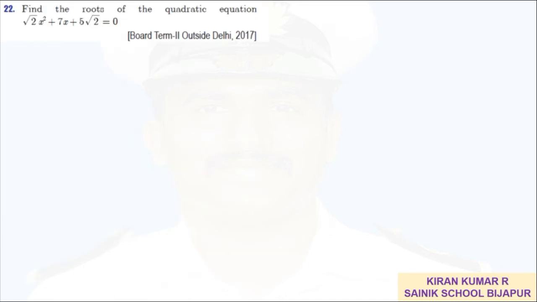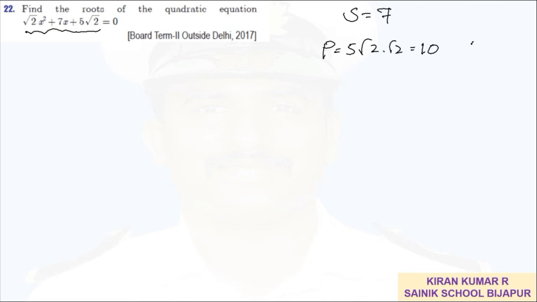Question 22. Find the roots of the quadratic equation root 2x square plus 7x plus 5 root 2 equal to 0. Here I can use splitting the middle term. Sum I have to get as 7 and product I need to get as 5 root 2 multiplied by root 2, nothing but 10.